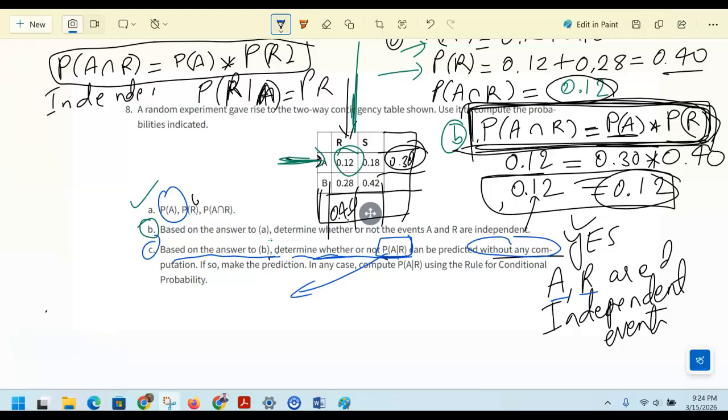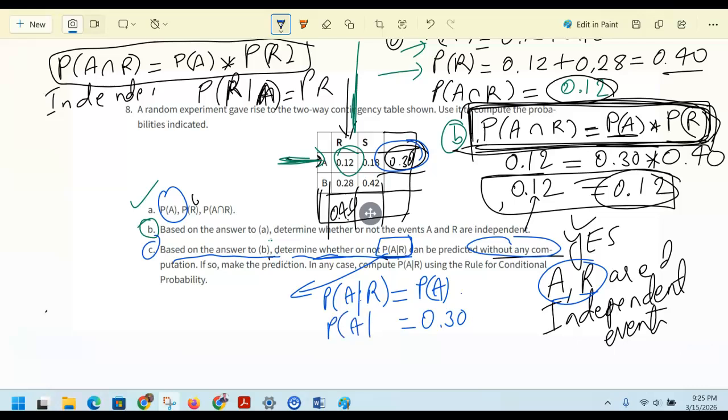Because A and R are already independent, the probability of A does not get affected by whether R has occurred. So that means this is the same as probability of A. Whatever probability A is, it will be this. And probability of A that we found on top here is 0.3. So this is 0.3.